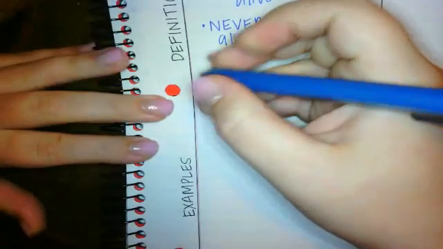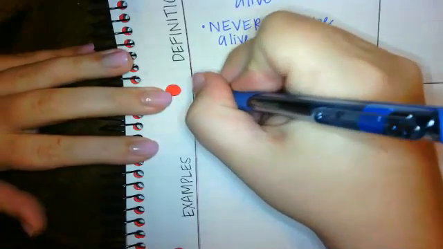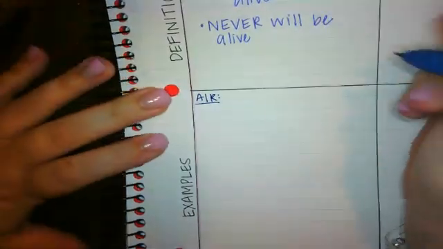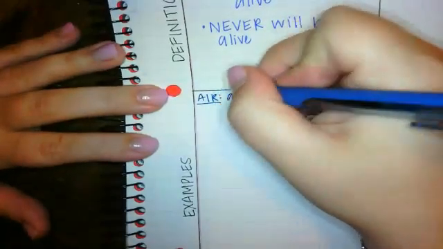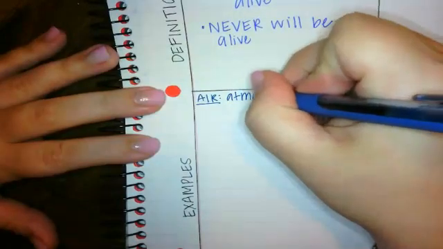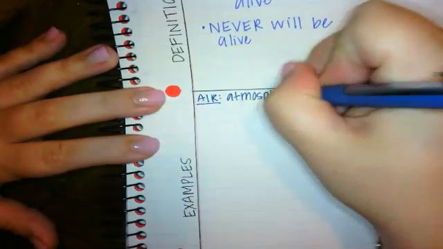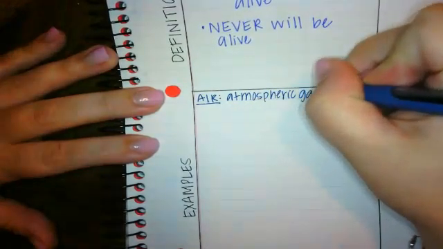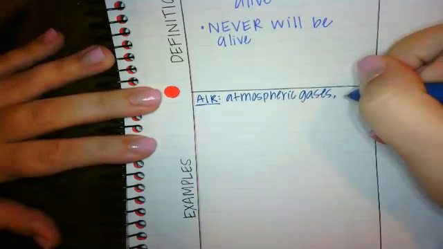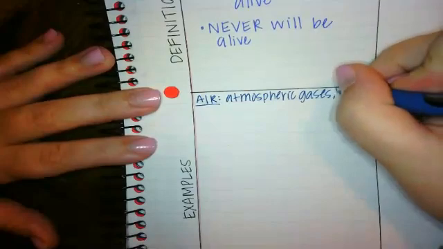I'm going to start with the category air. In air, this includes the atmospheric gases and wind.